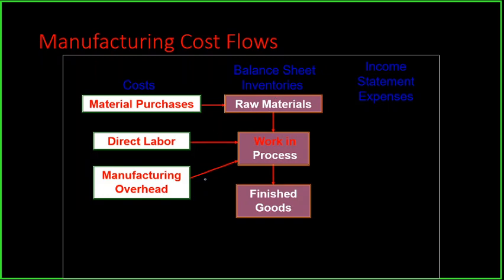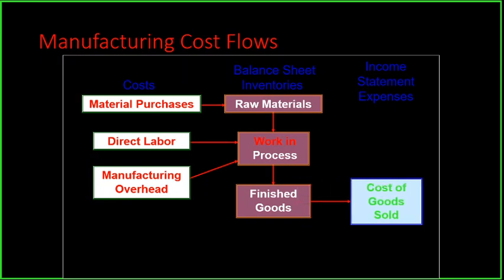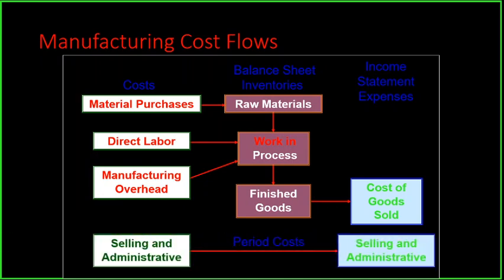Same with manufacturing overhead. Once they are finished and sold, that's the only time they will go to your income statement as part of our cost of goods sold. Di po ba? So that's the basic cost flow for product cost. For period cost, once they are incurred, they go directly to your income statement.